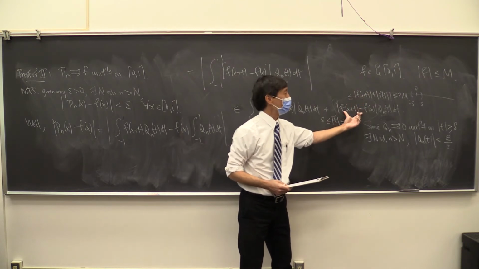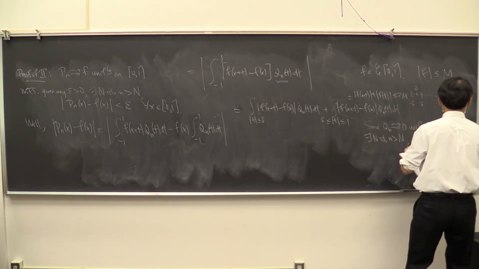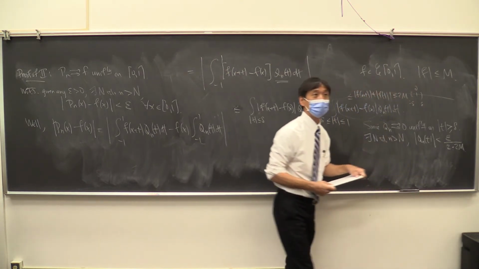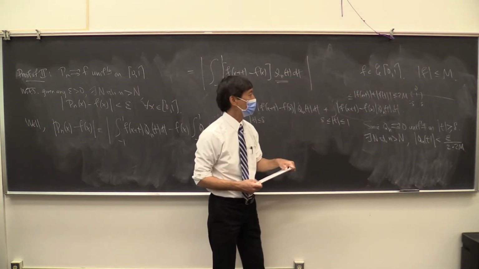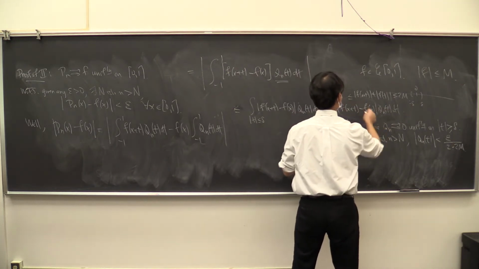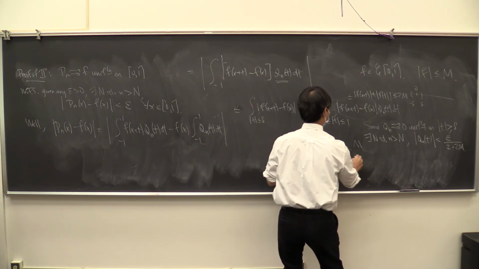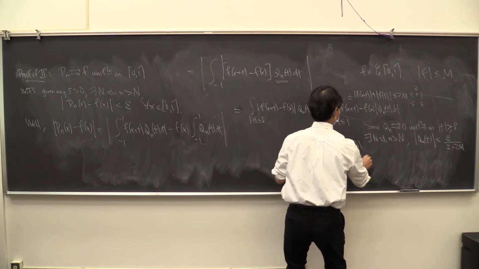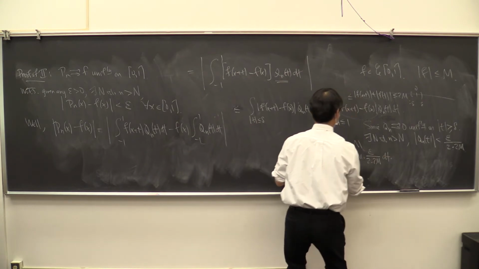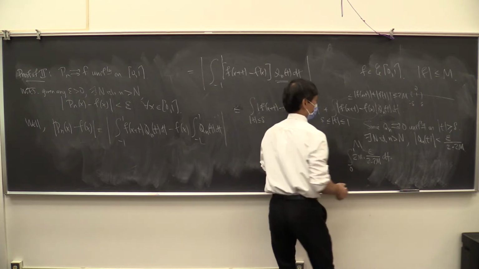Okay, so this thing is smaller than 2M. We make this thing smaller than epsilon over 2 times 2M. And so we get that this thing on the right is smaller than the integral of 2M times epsilon over 2 times 2M, integrating over [0, 1], say.